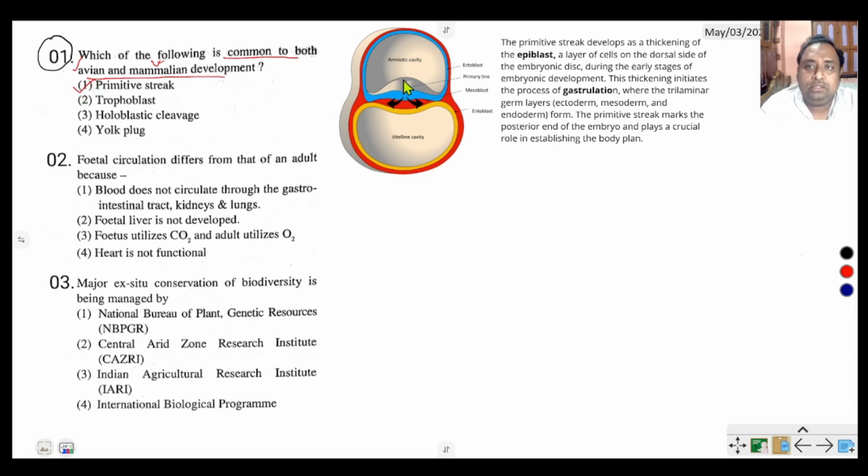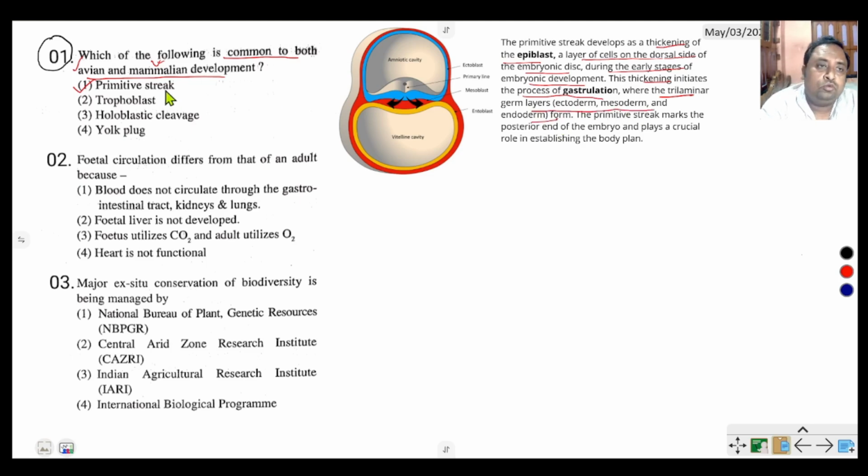Primitive streak develops as a thickening of the epiblast. During the gastrulation phase, the epiblast is a layer of cells on the dorsal side of the embryonic disc. During the early stage of embryonic development, this thickening initiates the process of gastrulation, where the three germ layers, ectoderm, mesoderm, and endoderm, form.